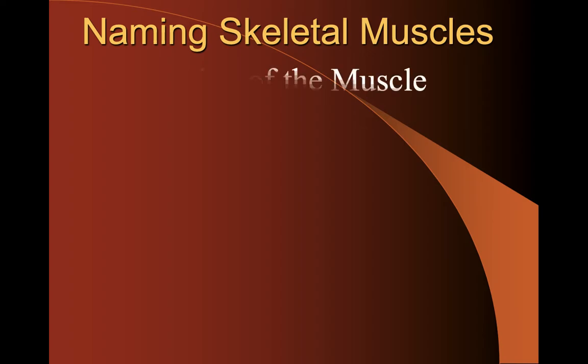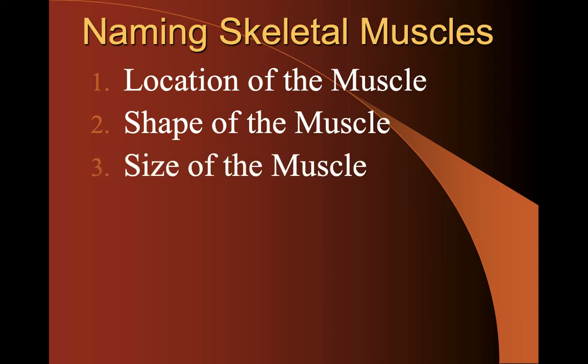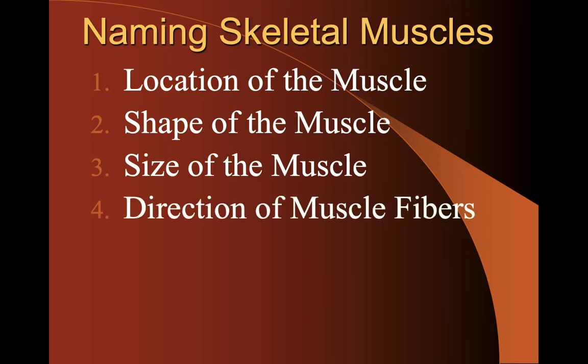Naming skeletal muscles. You will see quite a bit of Latinish words for the names of muscles. So, some muscles are named based on their location, like rectus abdominis is found in your abdomen.